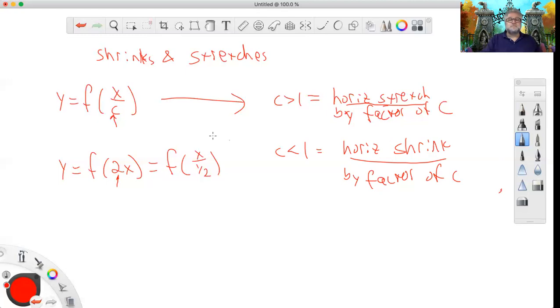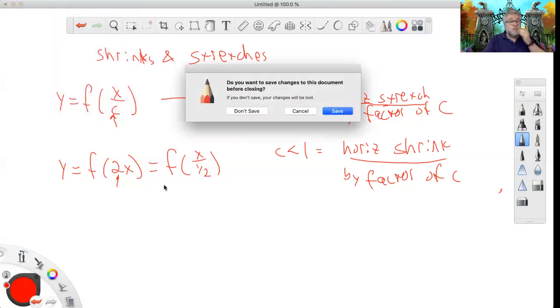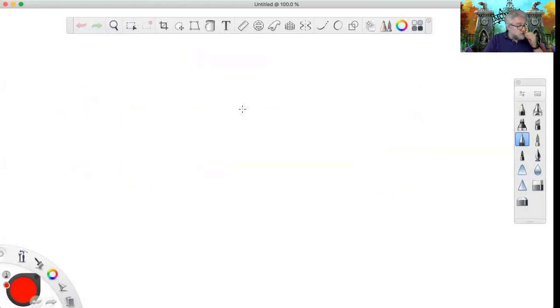Okay, we got 2 more rules. So we got horizontal stretch, horizontal shrink. We're going to get 2 more. Now vertical, those last ones are horizontal. Vertical shrink or stretch.